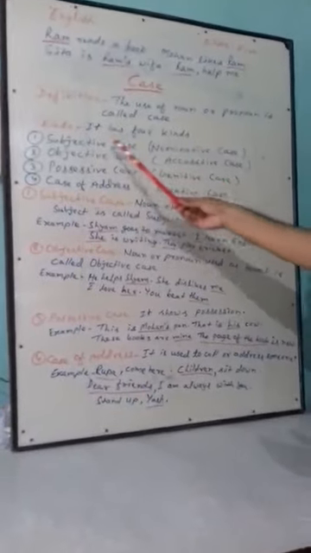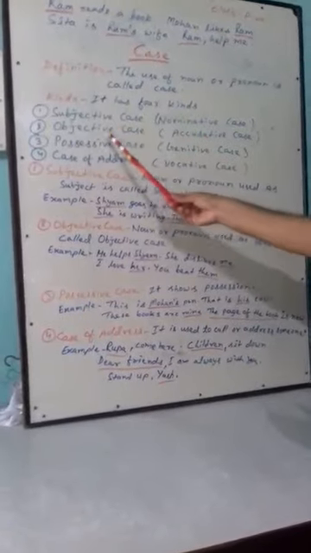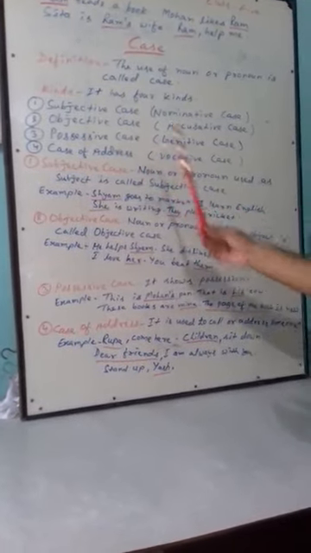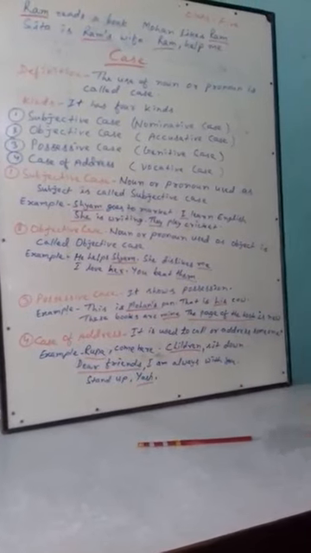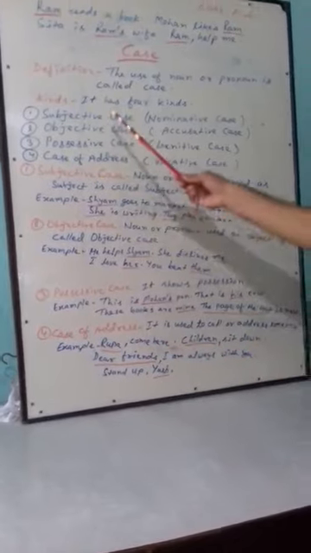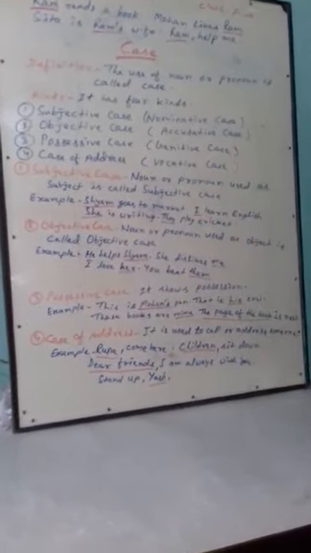In this chapter also, we will focus on it. Now, the name that was nominative, now it is subjective. Accusative has become objective. Genitive has become possessive, and vocative case has become case of address. Now you should see, these names are very easy and themselves say something about it.